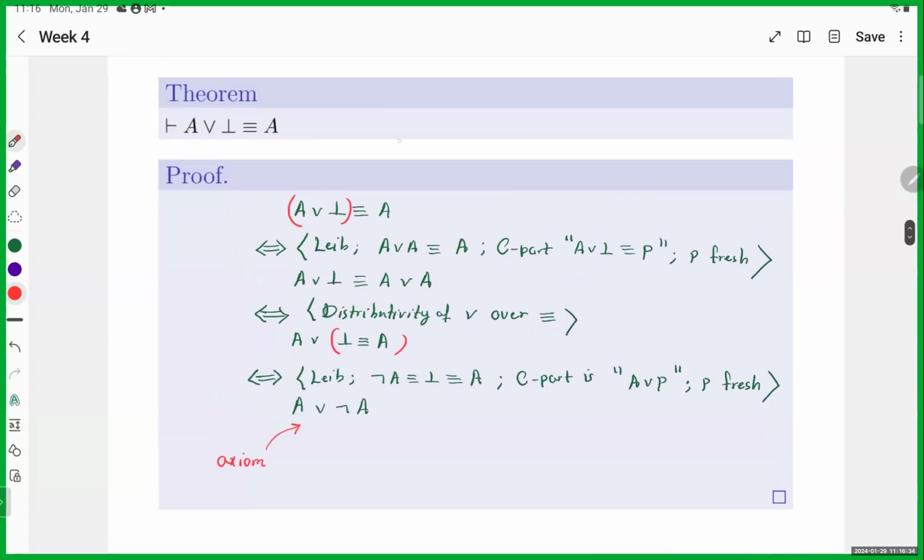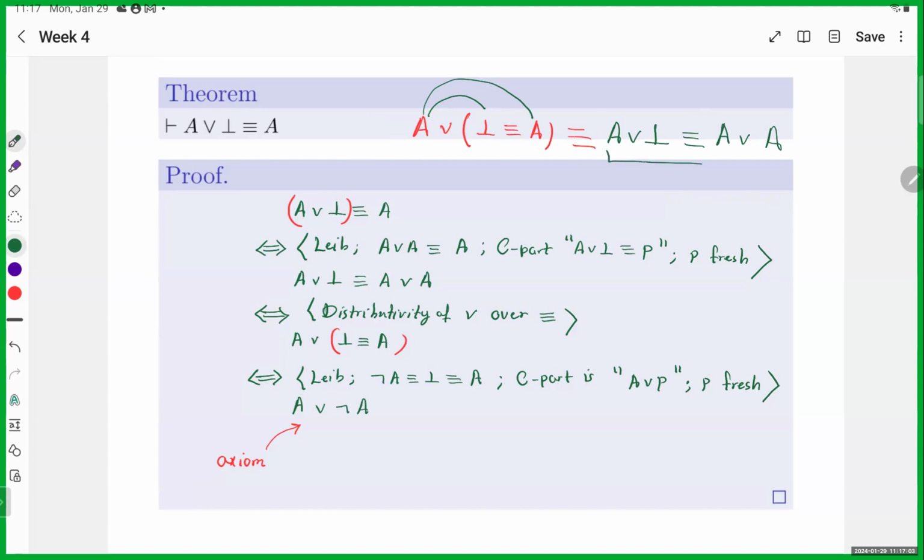Well, A or bottom is equivalent to A. We have distributivity, right? This is equivalent to A or bottom, is equivalent to A or A. It's an axiom.